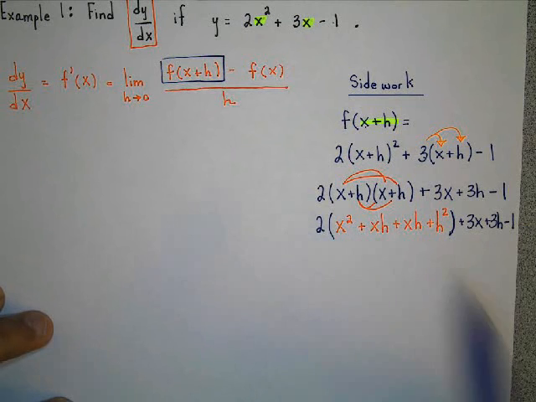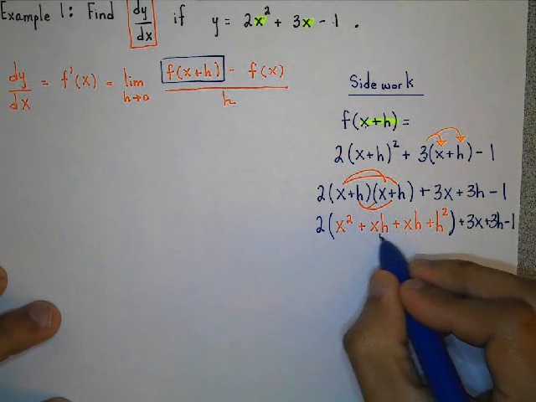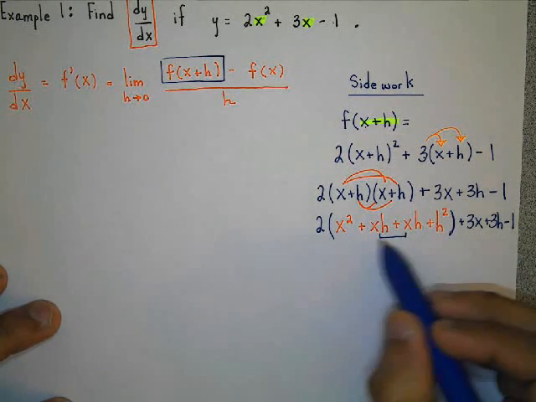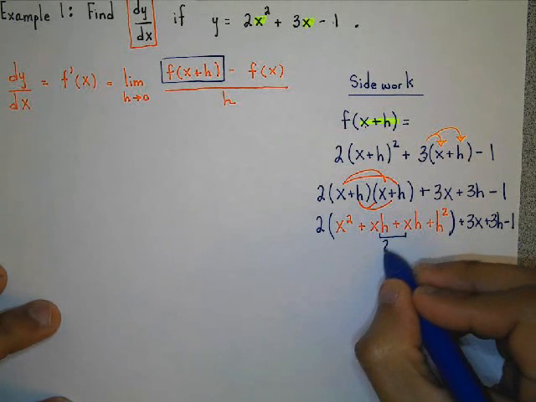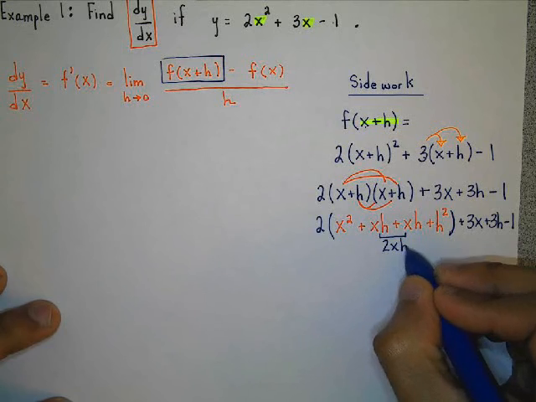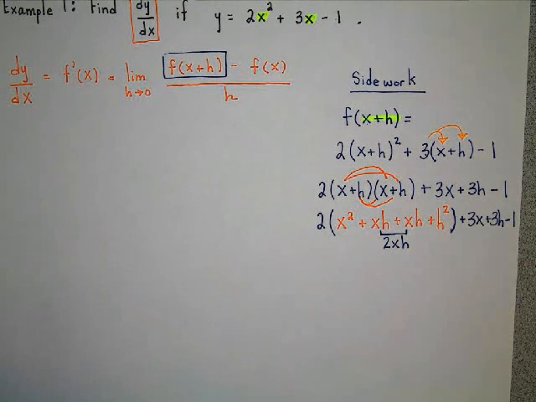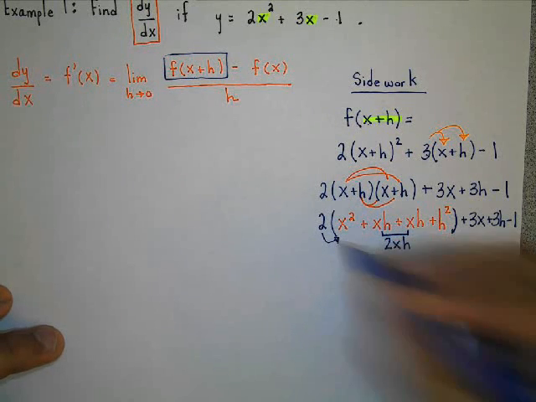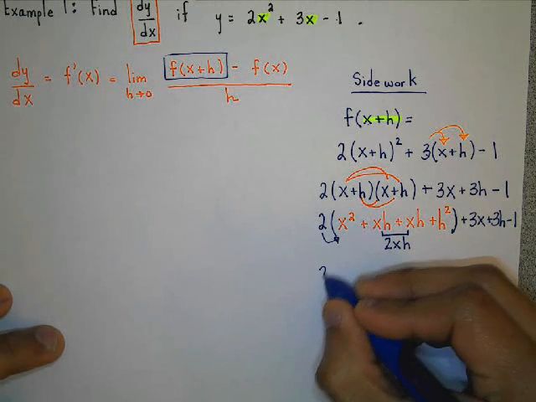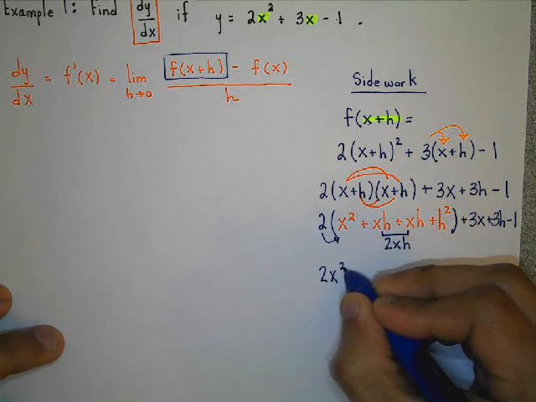Then I'm going to distribute the 2. But before I distribute the 2, I notice that I have xh plus xh. So that's going to give me 2xh. And now what I want to do is distribute that 2. So again, we're going to have 2 times x squared, that's going to be 2x squared.